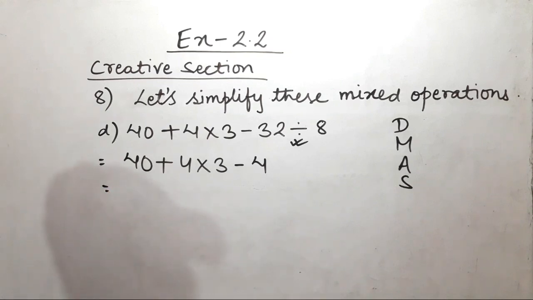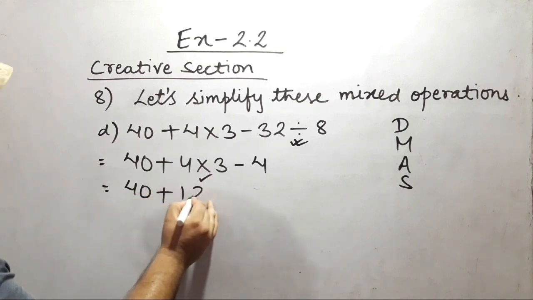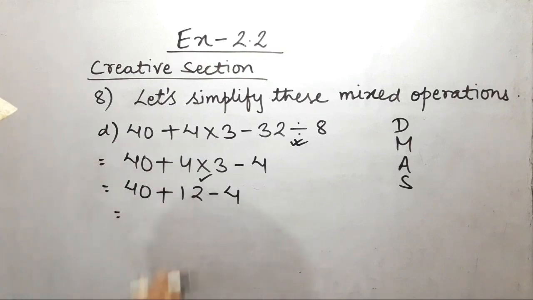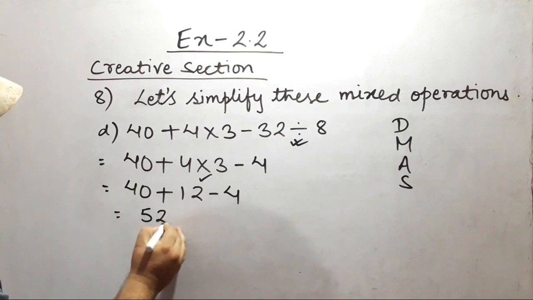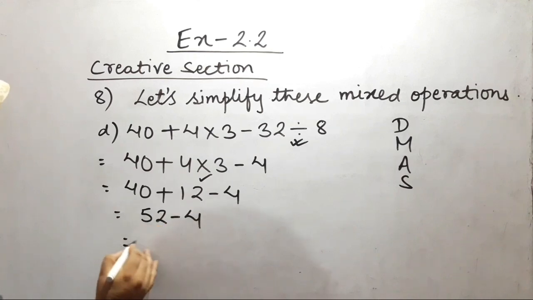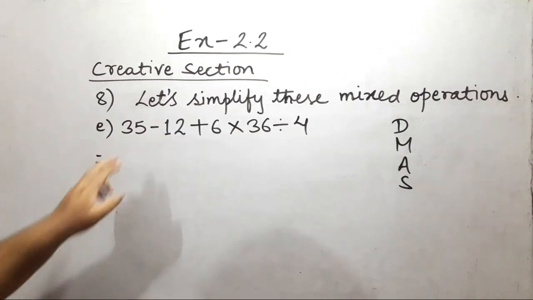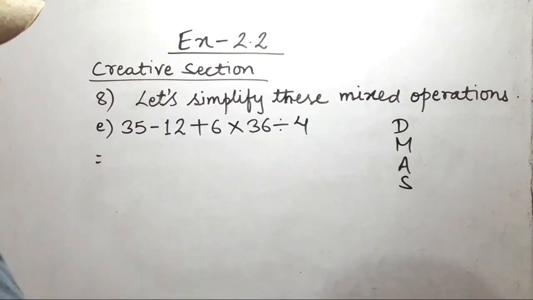So after division, multiplication, 40 plus 4 into 3, 12 minus 4. After multiplication, addition, 40 plus 12, 52 minus 4. 52 minus 4, 48.